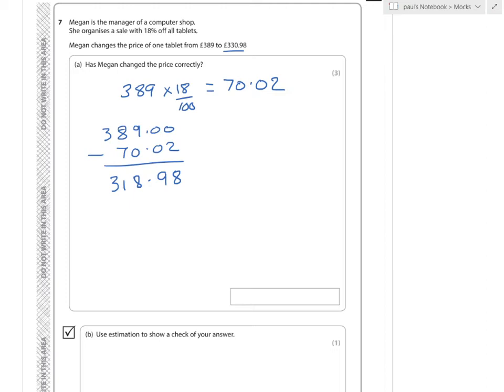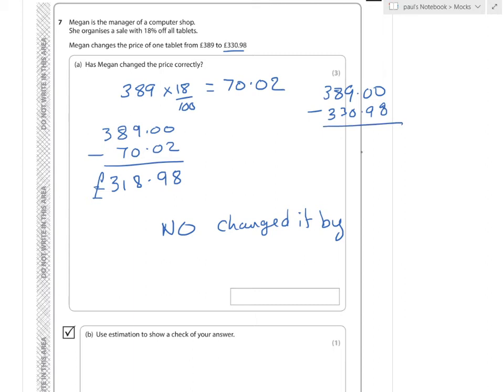Everybody seems to think no. Yeah, so basically, no. We're gonna do this one as well. 389.00 take away 330.98 is 58.02.